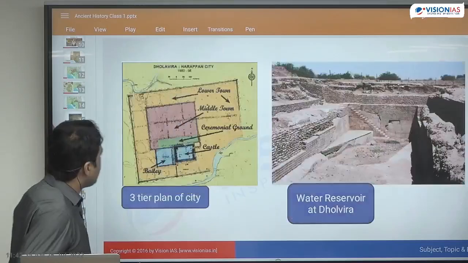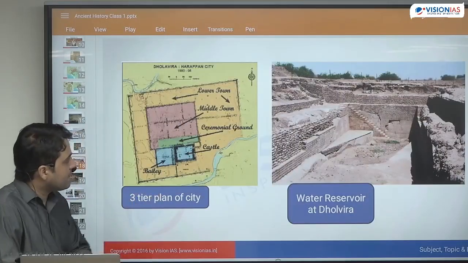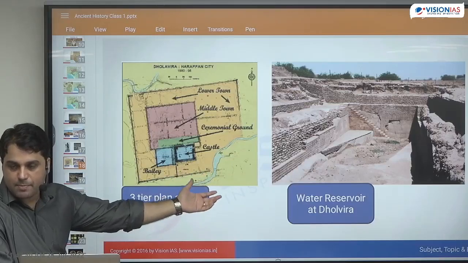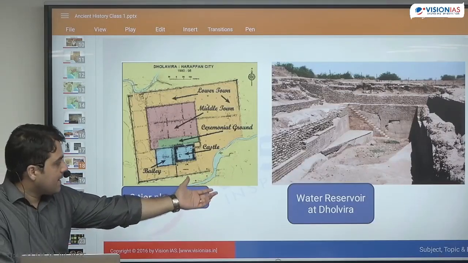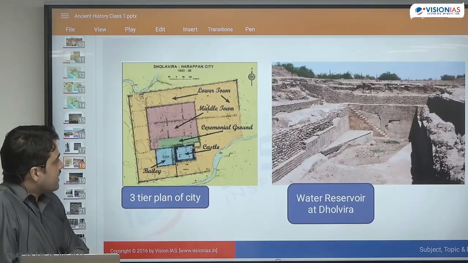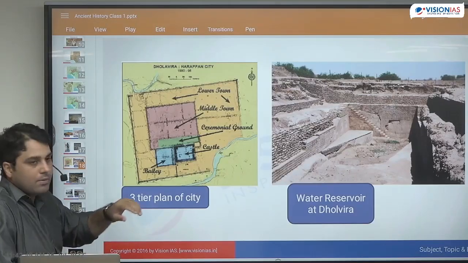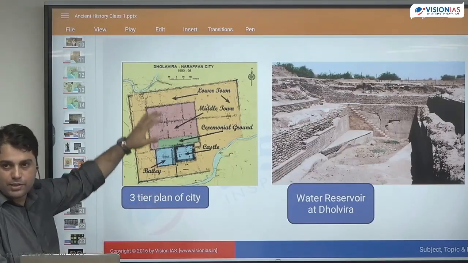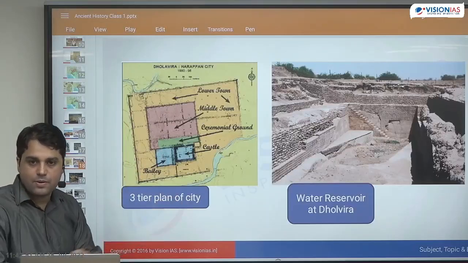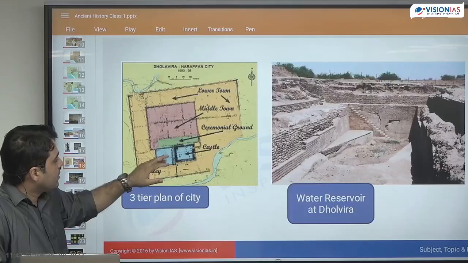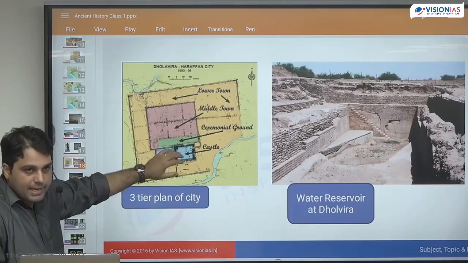Okay, now this is the most important site, Dhaulavira. Last year UPSC ने question भी पूछा था इस पे. So Dhaulavira has been added into the UNESCO World Heritage Site. It is in Gujarat. Known for many things. For example, the first thing is that most of the cities have a two-tier structure. There is an upper town, there is a lower town. But Dhaulavira has a three-tier structure. There is a middle town also. So there is an upper castle, जो citadel, typical citadel है.